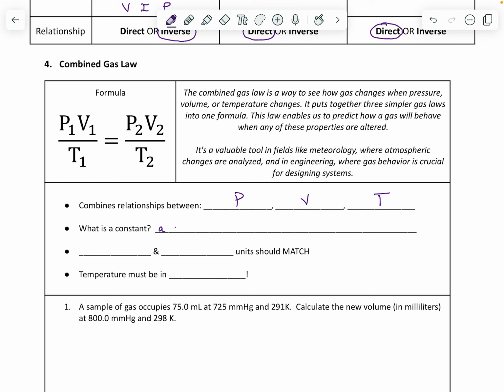It is a variable that remains unchanged. All right.